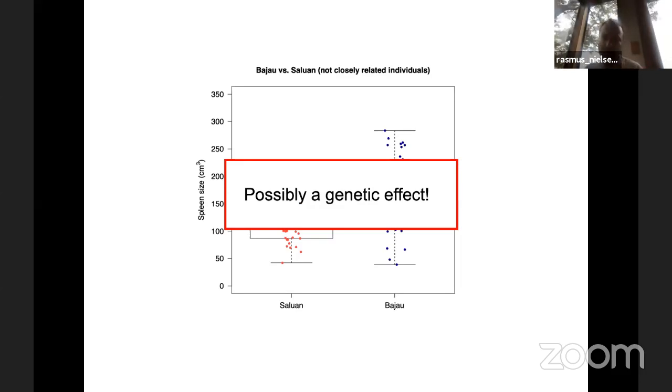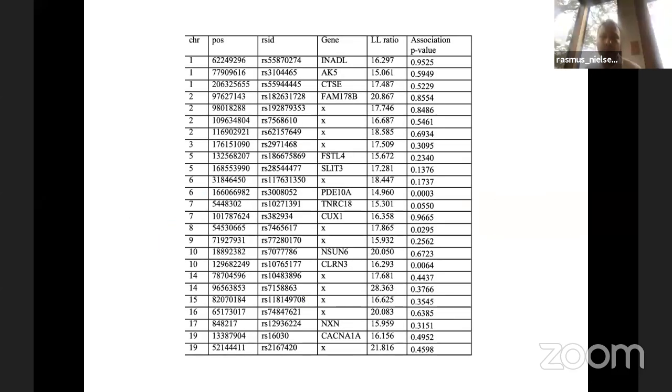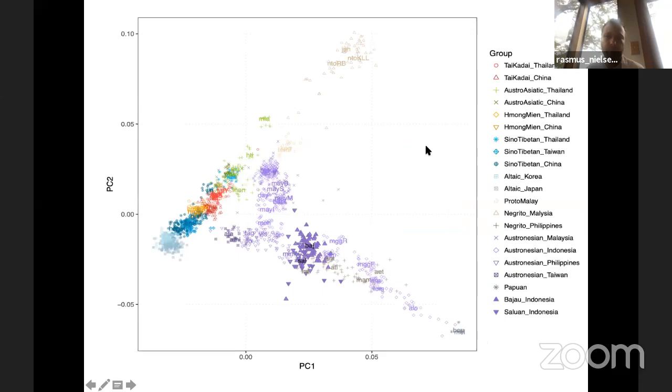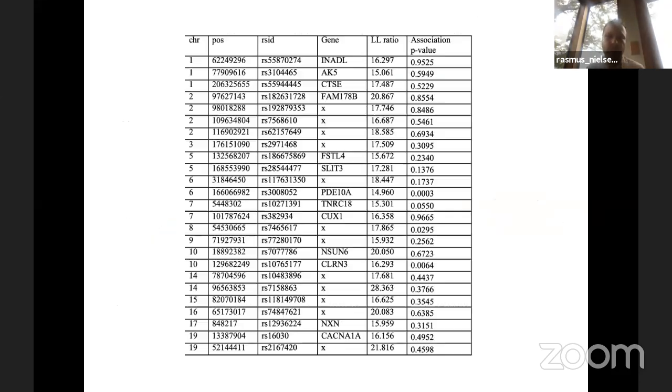It's a possibility. And so what we did was we scanned their genomes to find genetic variants that show strong evidence of selection, particularly in the Bajau, and also are associated, in this kind of association study, with the spleen.